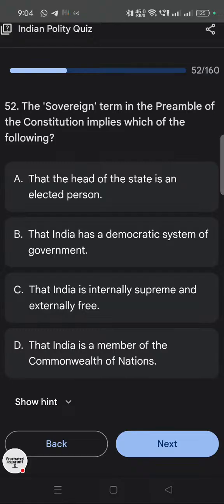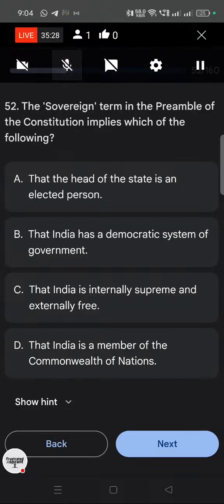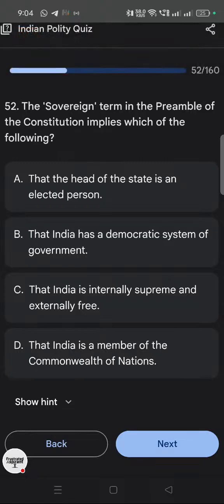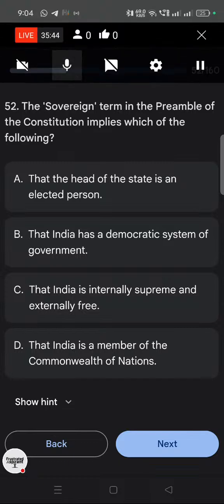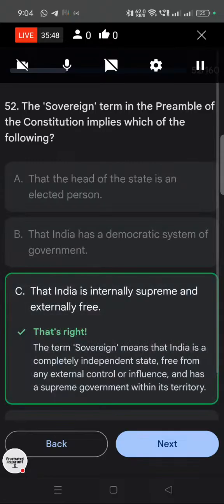India is a member of the Commonwealth, and Commonwealth nations are also sovereign.